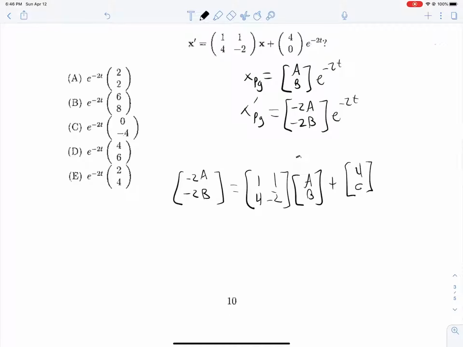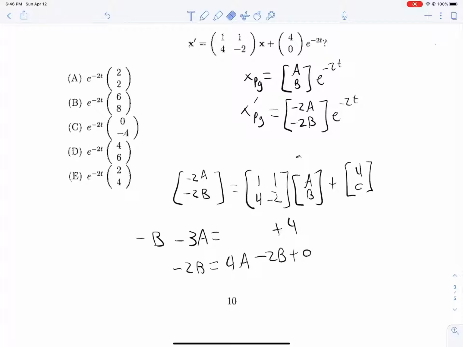Turning this into a system of two equations, we have negative 2a is equal to a plus b plus 4, and negative 2b is equal to 4a minus 2b plus 0. Subtracting an a over here, and why not, let's subtract a b too.